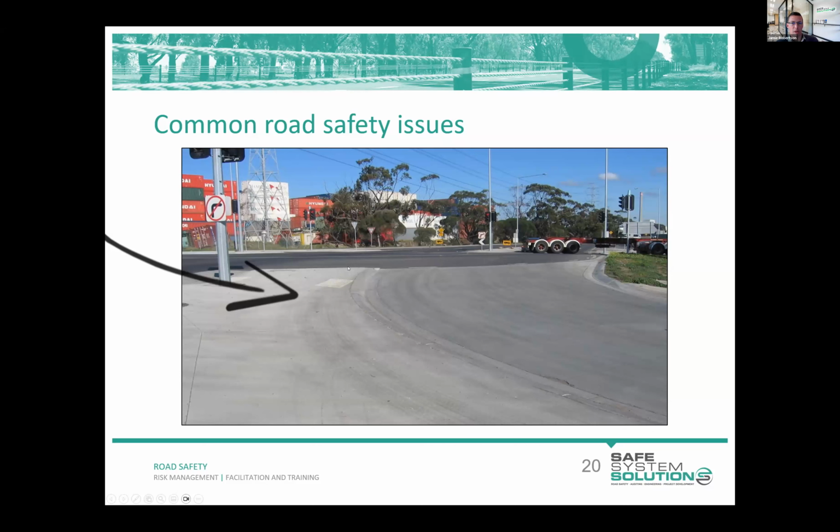So that's perhaps a contributing factor. This photo is from the Port of Melbourne, and it's been suggested to me that there is an issue with excessive speed here as well. So again, perhaps not an issue with a lack of space for the swept path, but perhaps more of a delineation issue or a speed issue.